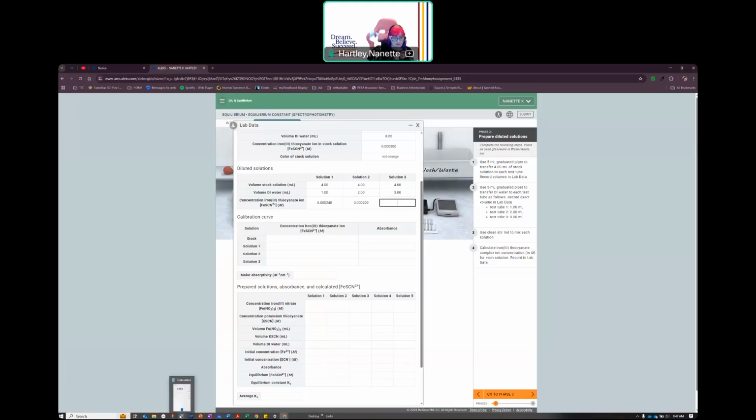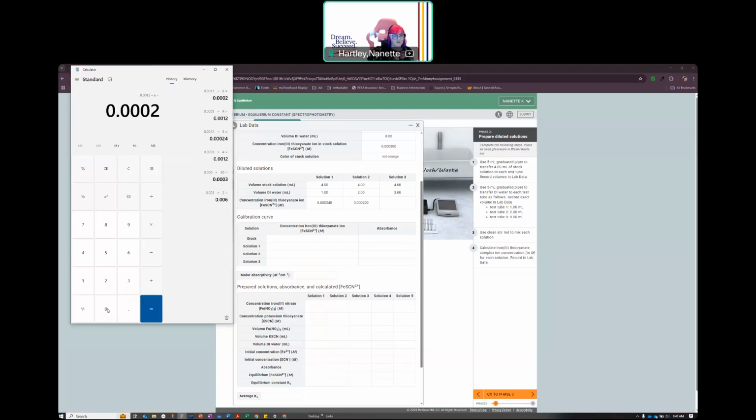That's one of them. So now I'm going to take 0.0003, multiply that again by 4. And now I'm going to divide it by 7, which is that total volume. 4 plus 3, 7. Which gives you 1.714 times 7 minus 4.